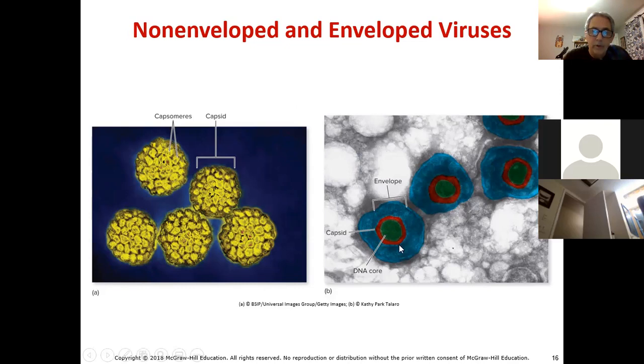This is the nucleocapsid, meaning just the protein and the genetic material. The envelope is a membrane that the virus does not make. They get it from the host cell that they infect, and then they modify the membrane by putting their own proteins on the outside of it.